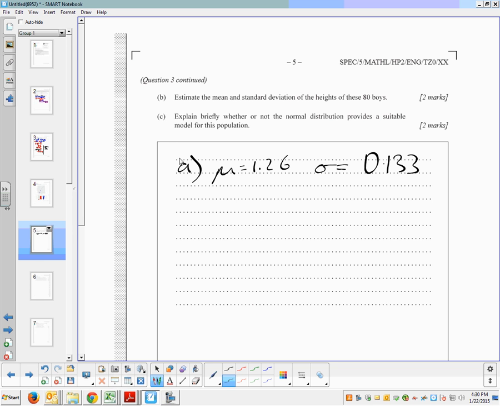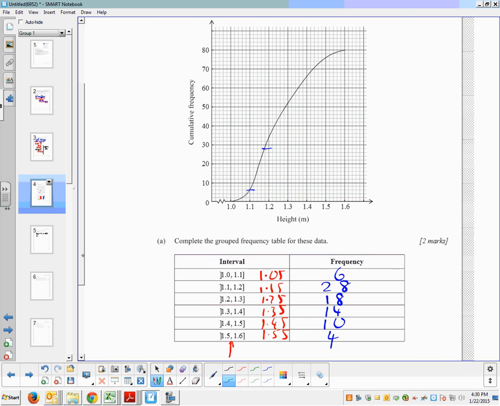And so that's part B. And then part C, why is the normal distribution not a good model for this population? Well, because you can see from the graph that it's not symmetrical. If it was symmetrical, it looks something more like that. And you can see from these numbers that it's not symmetrical: 6, 28, 18, 14, 10.